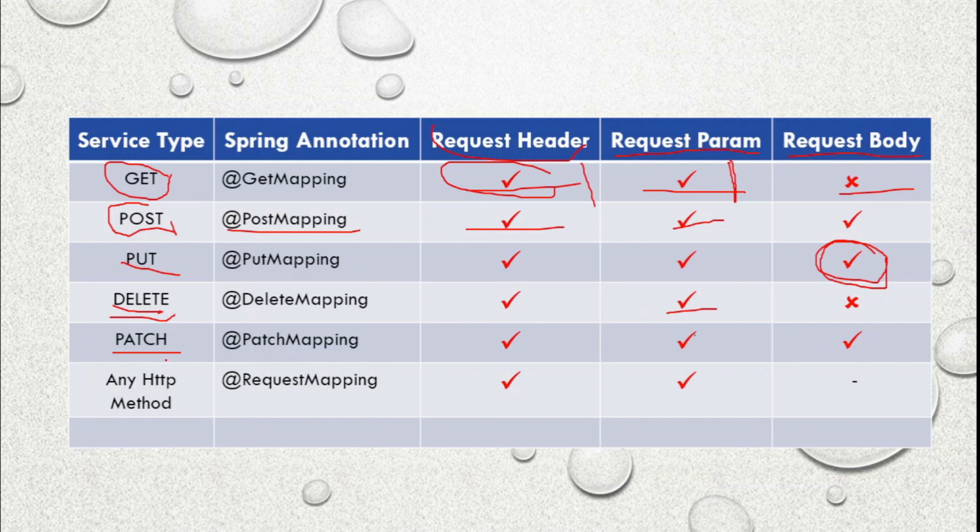Now coming to the PATCH service. Generally PATCH services are used to update, similar to PUT, but when we are in a scenario where we are going to update only some of the fields of a resource.